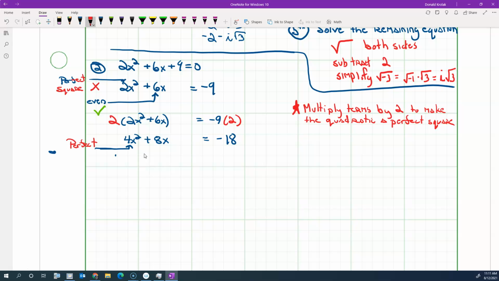Two times 6 is not 8. Okay. And so check, perfect square. Check. Even.